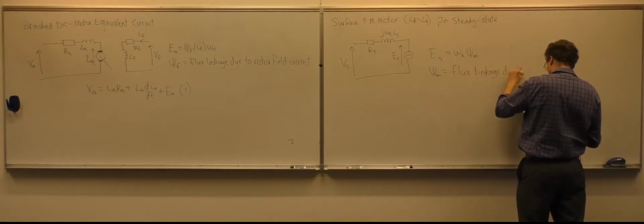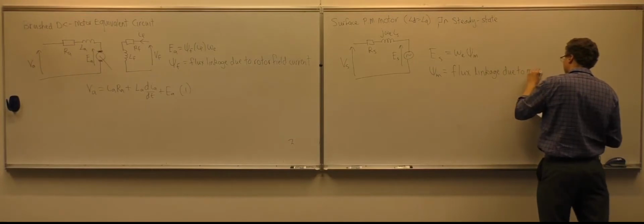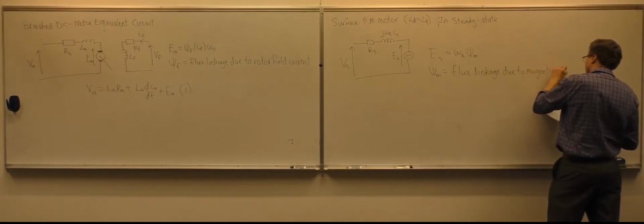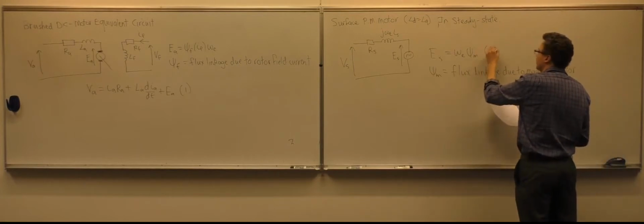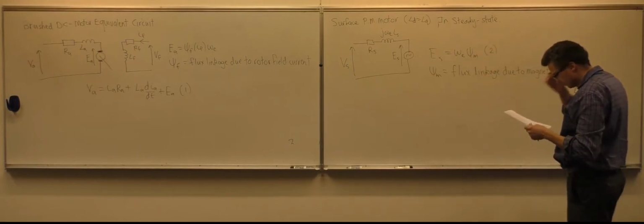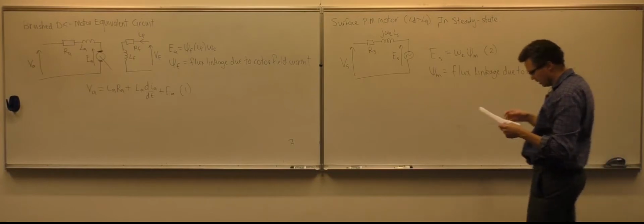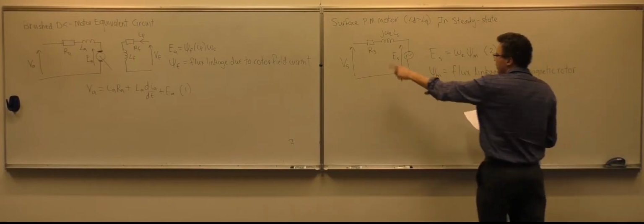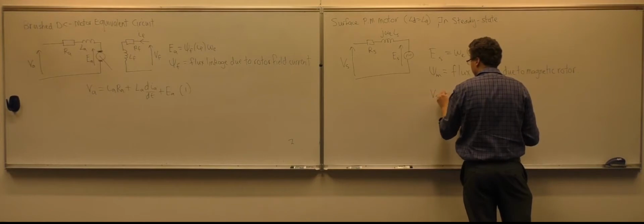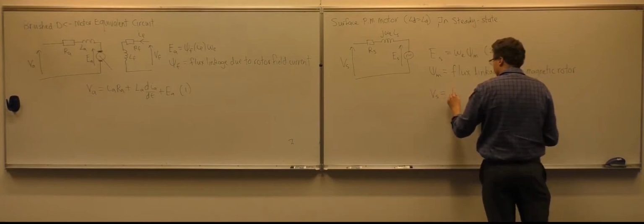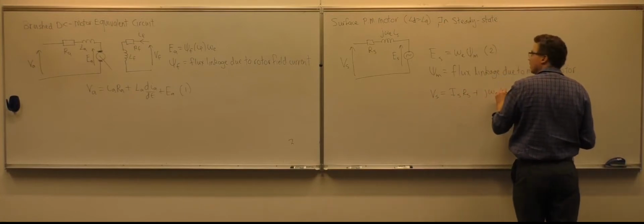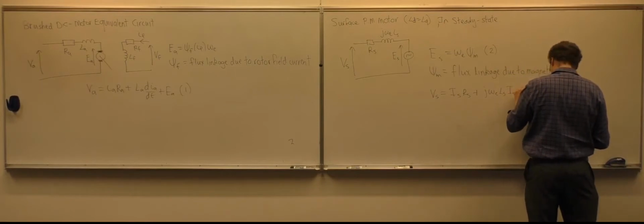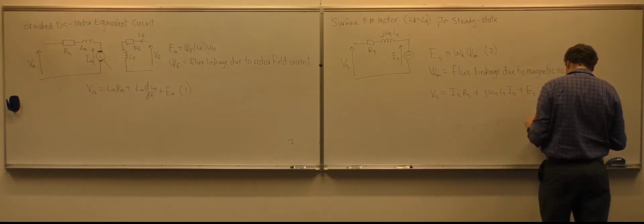I'll call this equation 2. So then the equivalent circuit for this is just IS RS plus j omega E LS IS plus ES.